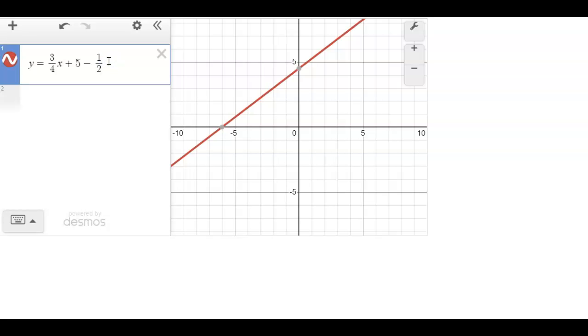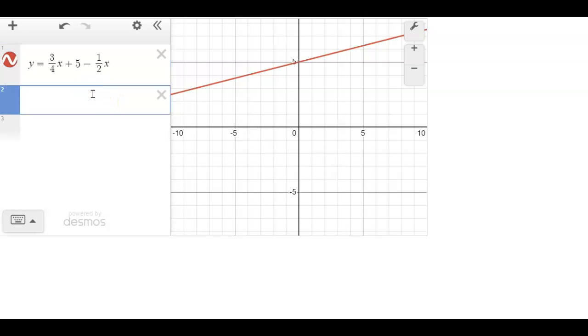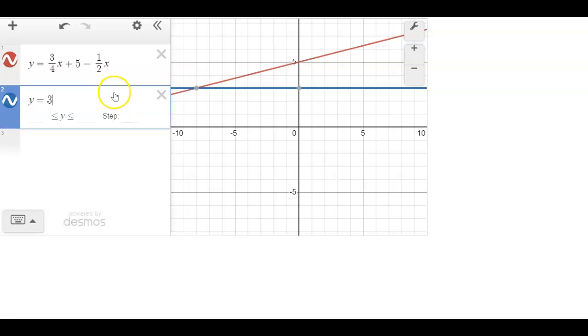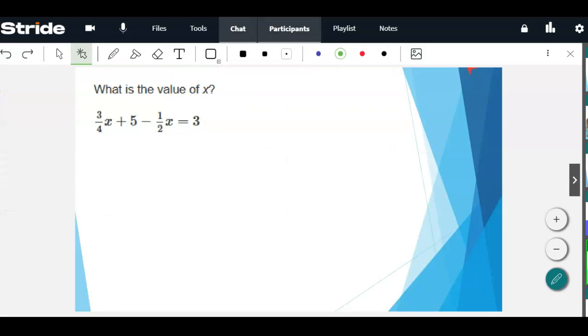Again, put the cursor in the right place, x. All right, so there's that. And then the other side is 3, so just y equals 3. All right, crosses right here. So the answer is negative 8. Remember, it's always that x value, so negative 8. Simple enough. So x is equal to negative 8.